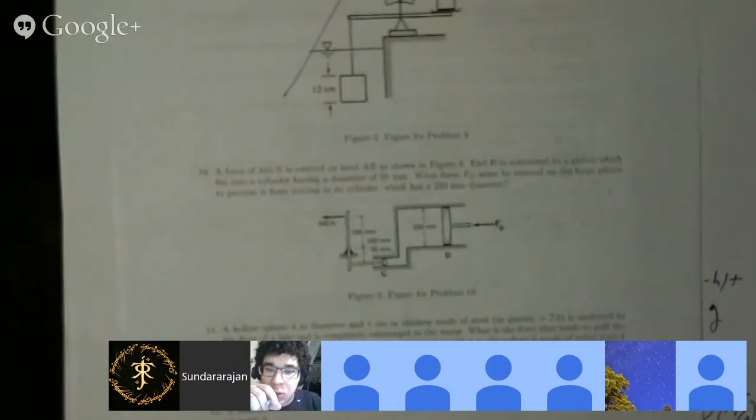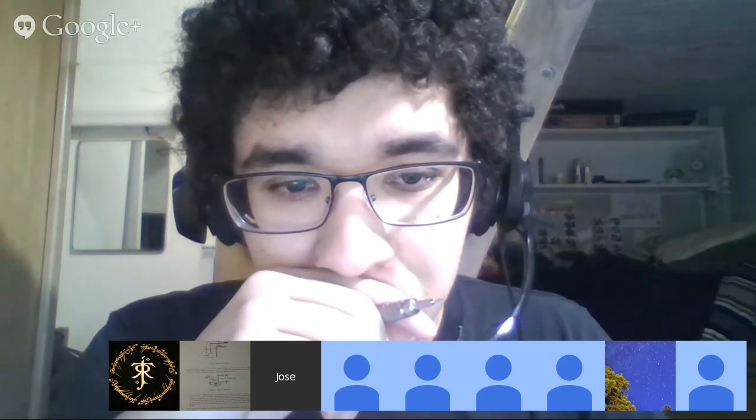Why do you have 1.99 cubed? That's if you want to find the mass of the ball, that's what it is because it's a hollow ball. Oh, okay. Okay. All right.